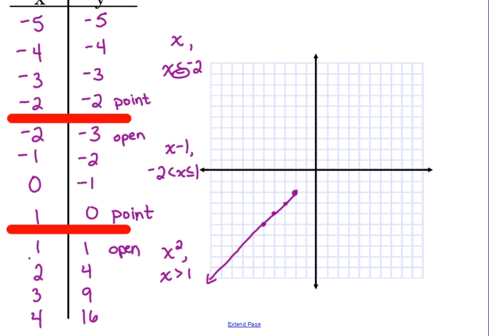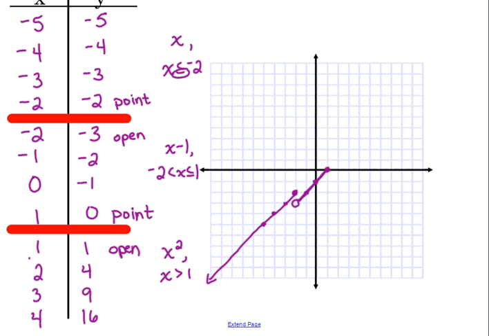Negative 2, negative 3 gets an open circle. Negative 1, negative 2, 0, negative 1, 1, 0 gets a point, and it stops. We just have this segment right here in the middle. We don't have any arrows or anything on this one because it's just between negative 2 and positive 1.